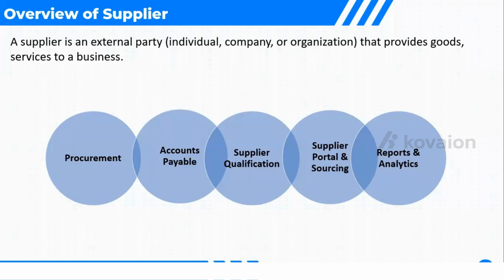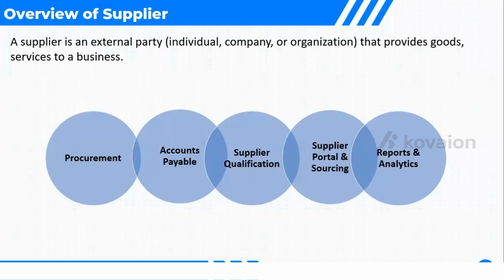The next one is supplier qualification. Supplier qualification assesses the qualified suppliers using questionnaires, scoring, and audits, ensuring compliance with company standards, which includes certifications and financial stability. We can do that. The next one is supplier portal.